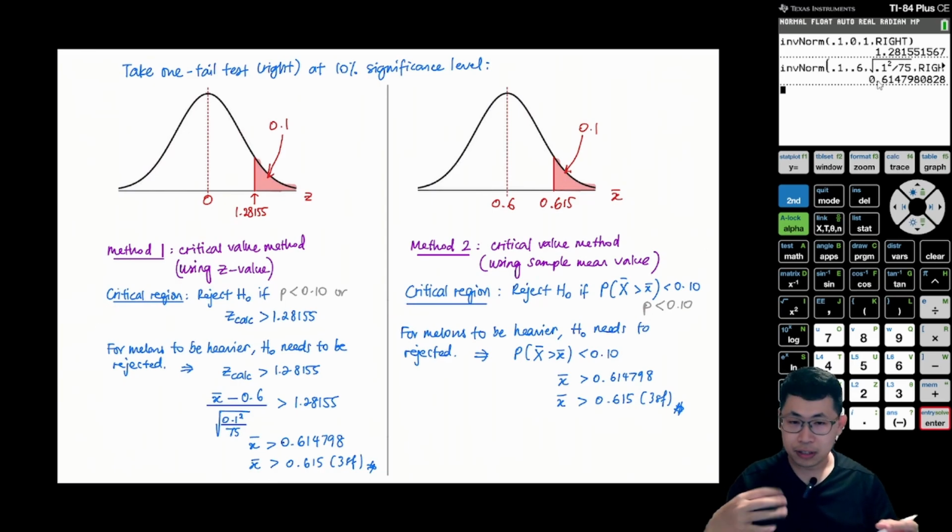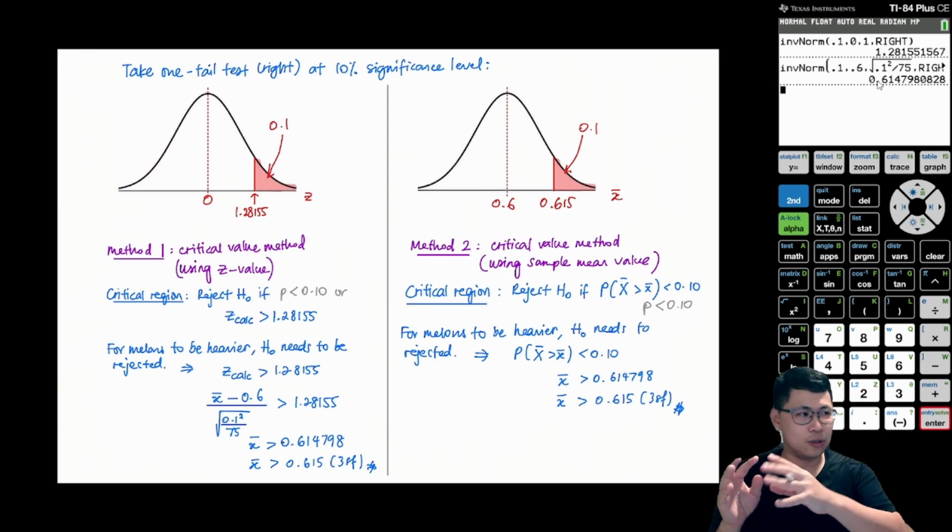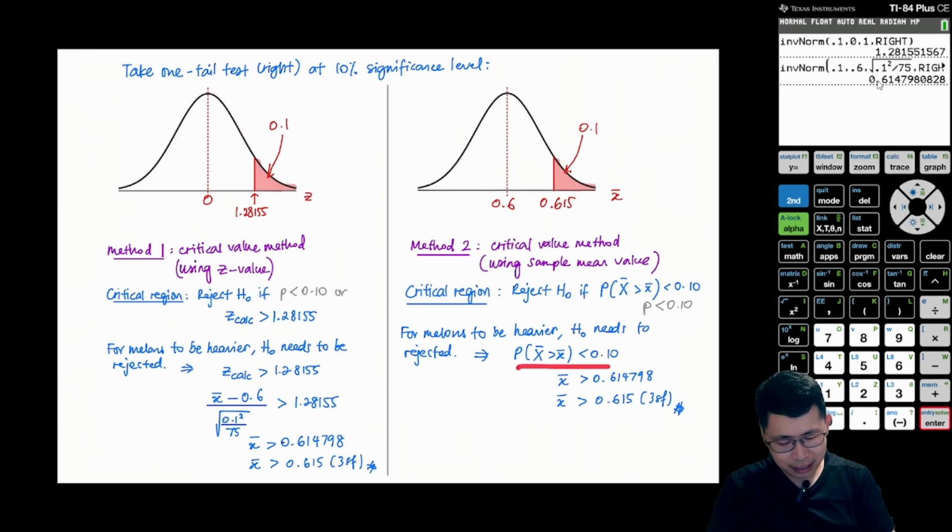It's just that for this question, what we are doing is agreeing with the critical region, or the rejection region, so that's why it looks a bit redundant. But sometimes the question will say this, and then we need to flip this inequality.